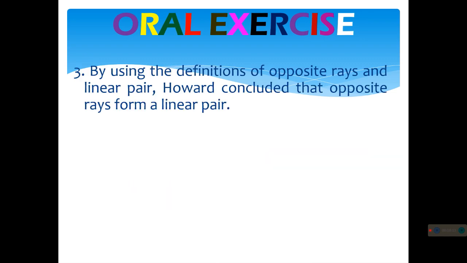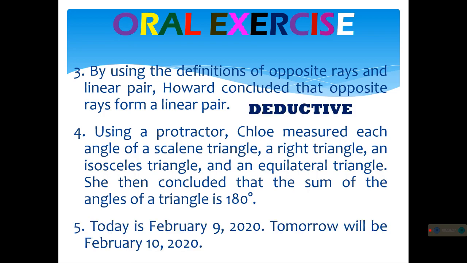Next, number 3, by using the definitions of opposite rays and linear pair, Howard concluded that opposite rays form a linear pair. So is it inductive or deductive? Your answer should be deductive. Correct. Because you use the definition first. Next, number 4. Using a protractor, Chloe measured each angle of a scalene, right triangle, an isosceles triangle, and an equilateral triangle.